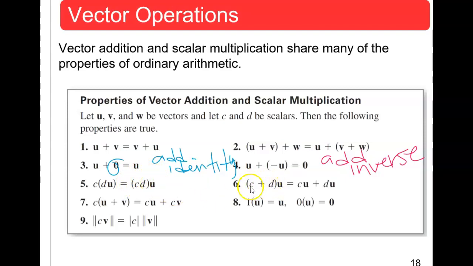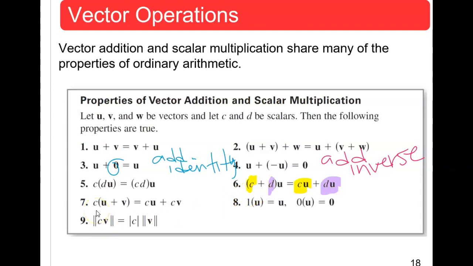Similarly, if we have two scalars adding, but you could see how they're both multiplying u in property number 6. And so we could distribute the scalar, for example, c times u, and then d times u, and then at the end we add them. The properties of vector addition tell us that it's also associative for scalar multiplication.